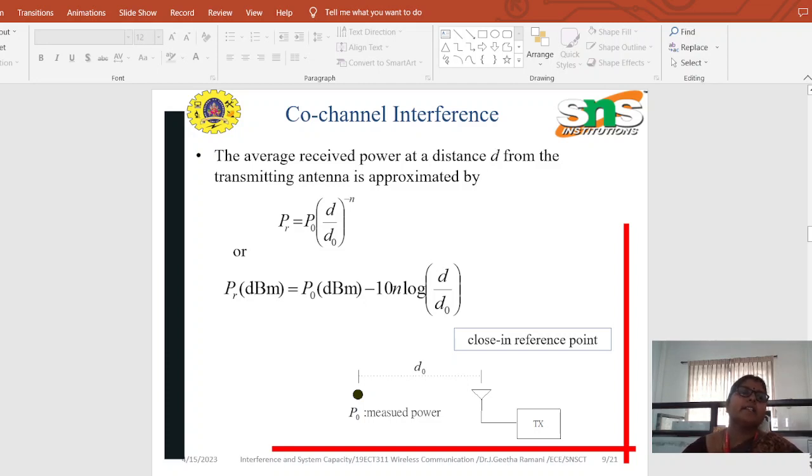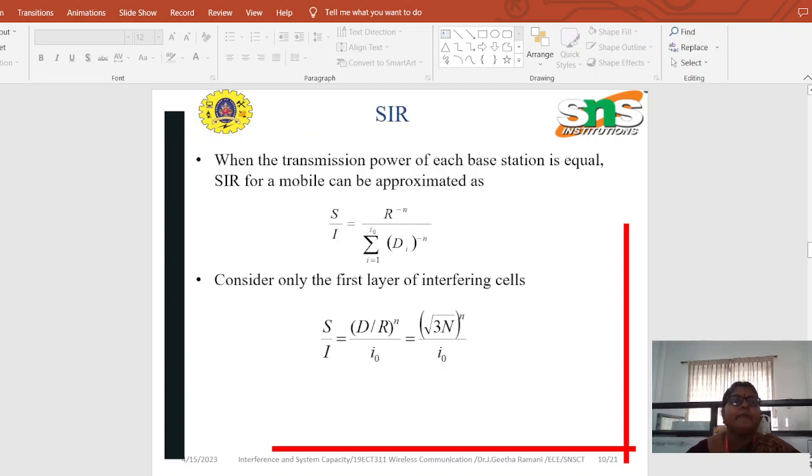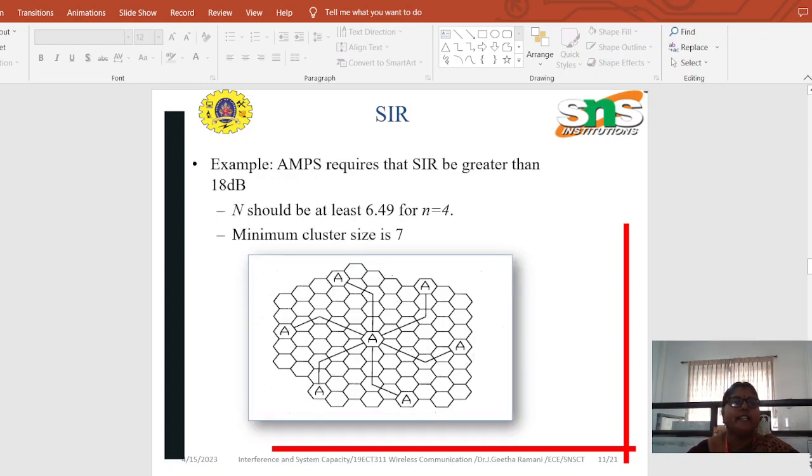So P0 in dBm minus 10 n log of d by d0. The logarithmic value of d by d0 will give you the received power. So S by I is calculated as root 3N to the power n divided by i0, where i0 is the number of interfering cells. Here we consider only the first layer of interfering cells.